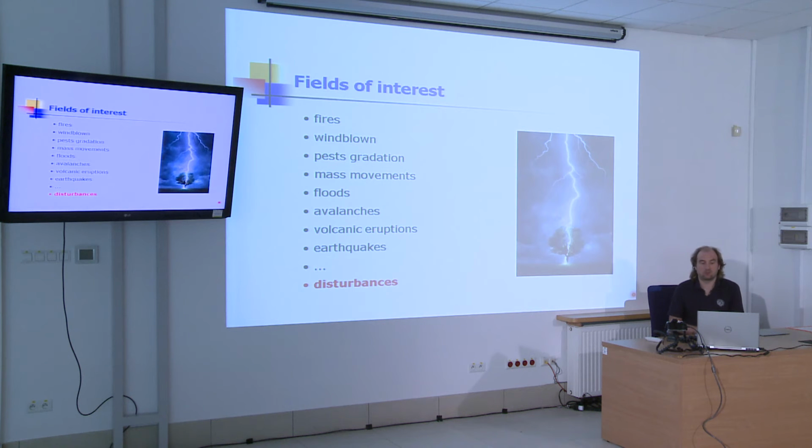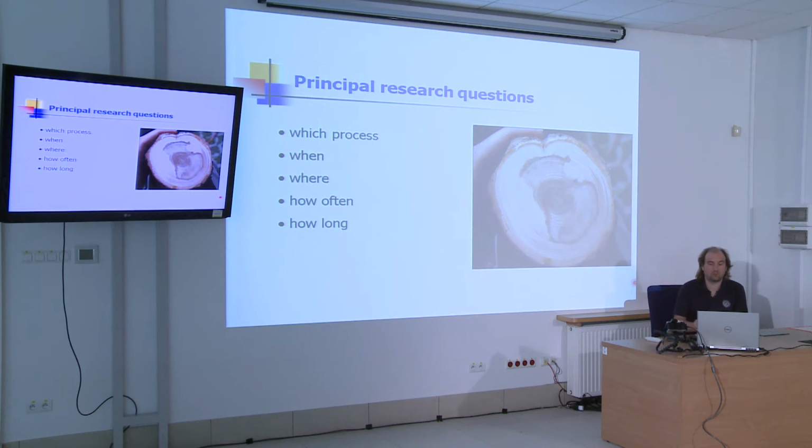If I were to describe it in one word, I would use disturbance. Different disturbances affect the tree growth, which is driven mostly by climate, and they can change the process of growth substantially.